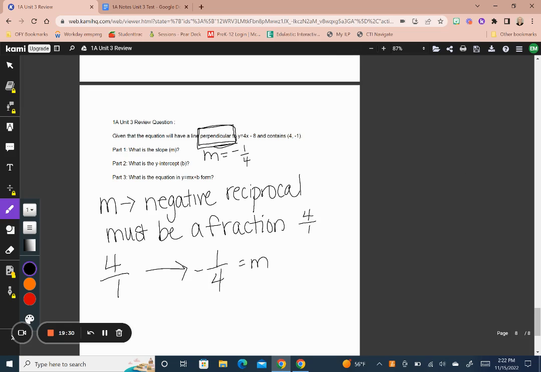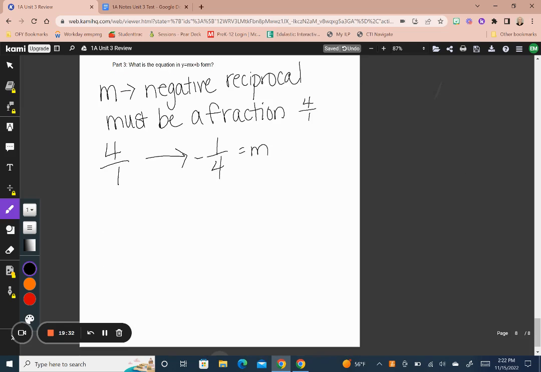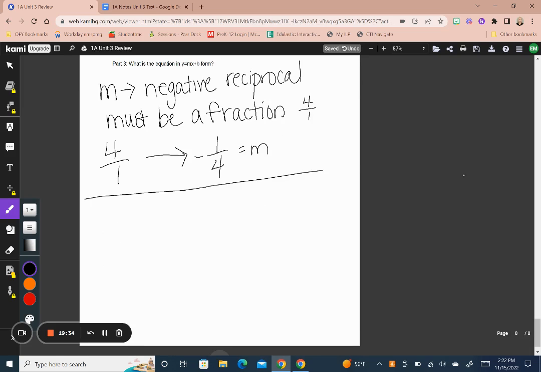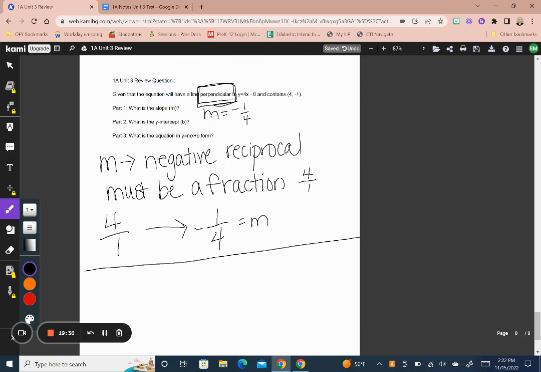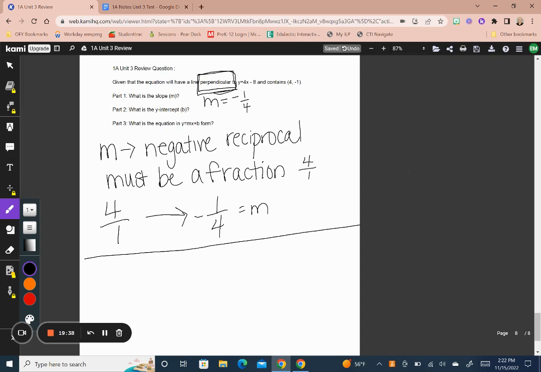Okay. Now we need to go to our b. So same thing as before. We put in our x and y, and our m, solve for b. Okay. So right over here, I have 4 comma negative 1.